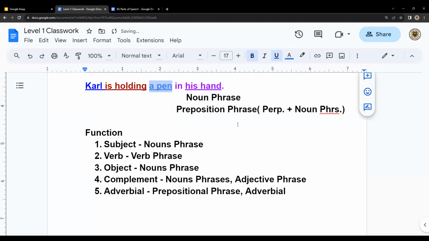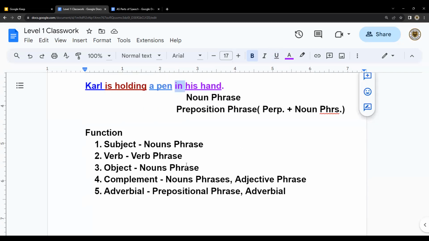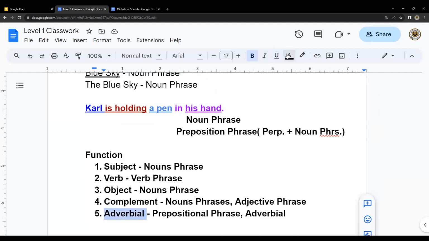Yes, object. Tenemos otro noun y lo vamos a poner, como somos nivel avanzado, vamos a usar el prepositional phrase en lugar de noun phrase. What is the function? Adverbial. Adverbial, space and time. Prepositions tell us information about space and time.